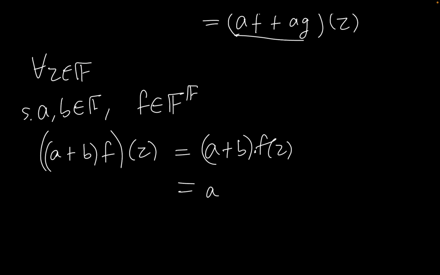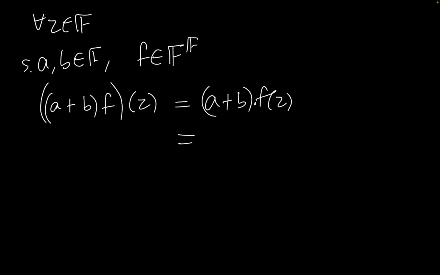So again, in fact I could be more strict with this and say that the commutative property is true on multiplication, so this becomes f of z times (a plus b), and then you use the distributive property. But really I think that's just a roundabout way of going. We know that the distributive property works this way as well on scalars, so I'm just going to use it directly: a times f of z plus b times f of z.